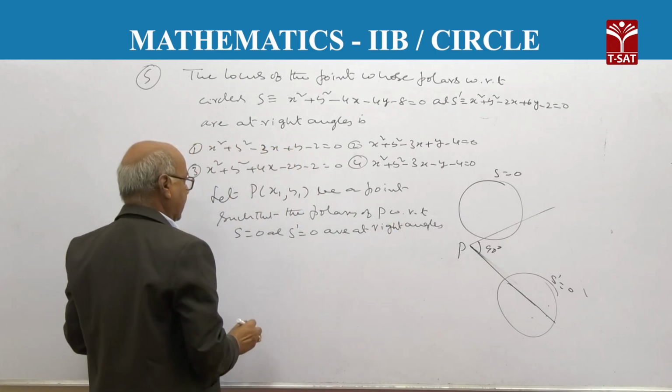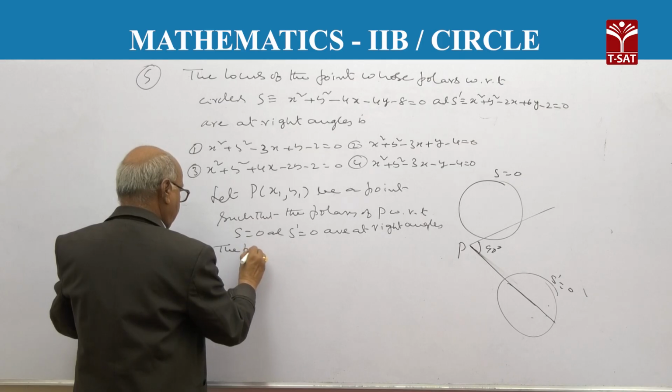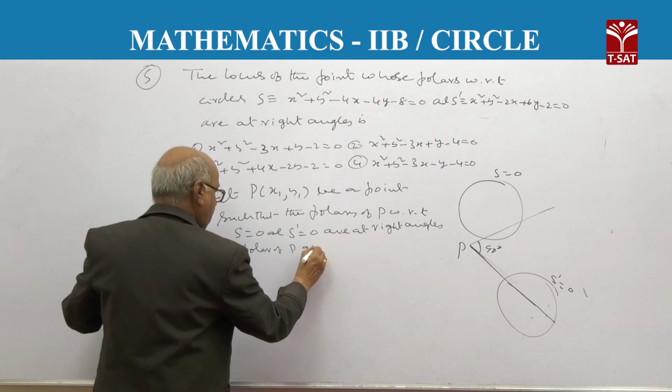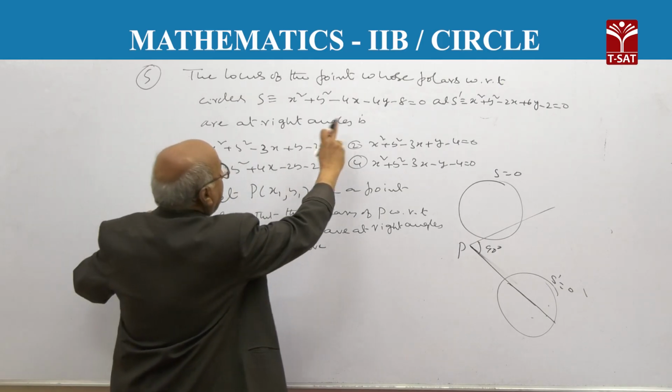So, now the polars of P are nothing but S is equal to 0, S dash equal to 0.